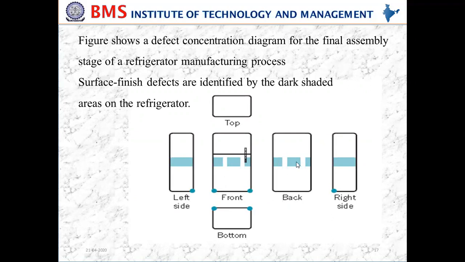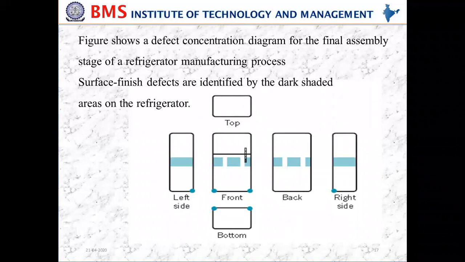If you take the back view also, the concentration is more here, and here, and here. In the right side view of this refrigerator, the surface defect concentration is more in this particular area, as well as at the bottom corners. So these two corners and the surface defects are all shown in the shaded portion.